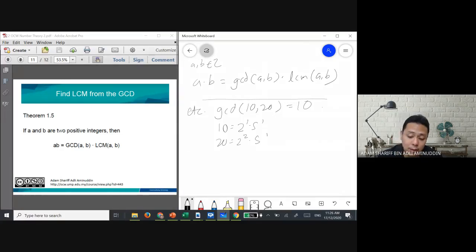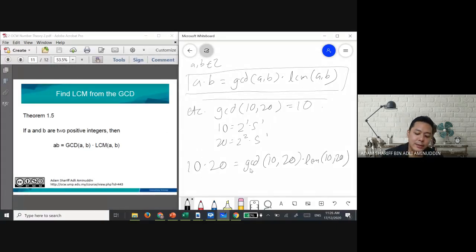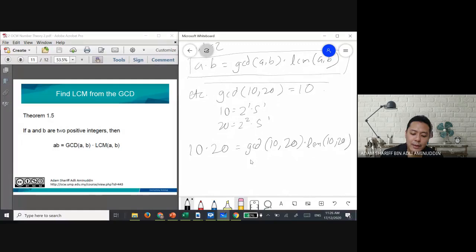Okay. Right now, by using this knowledge, we know that 10 times 20 is equal to the GCD between 10 and 20 times the LCM between 10 and 20. Maksudnya, kita tak cari lagi LCM tu berapa, betul?